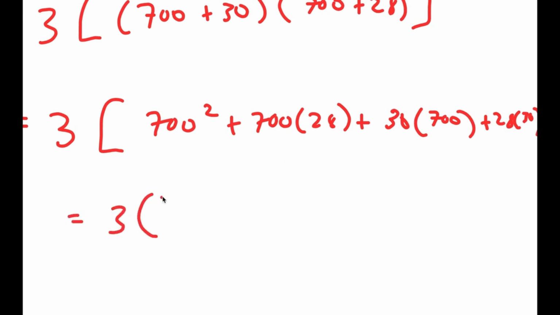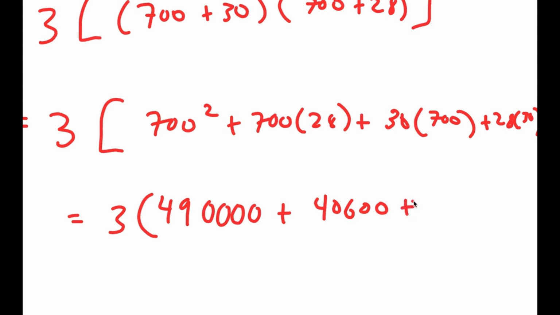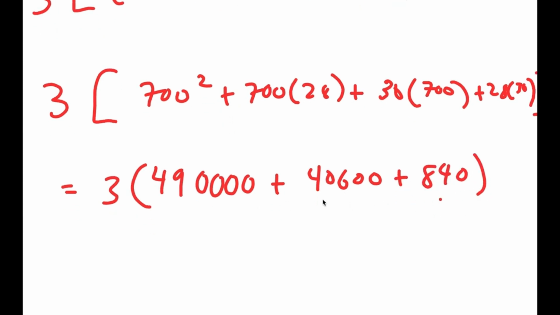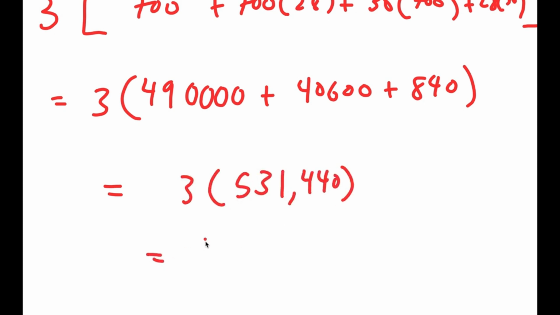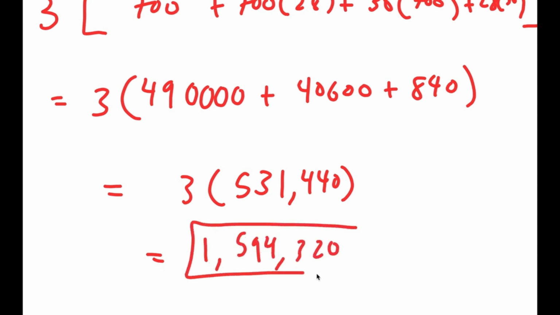Now this is equal to 3 times (490,000 + 40,600 + 840), which is equal to 3 times 531,440, which is equal to 1,594,320. So this is my answer.